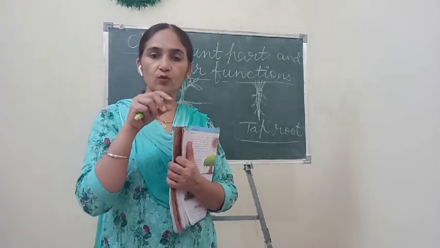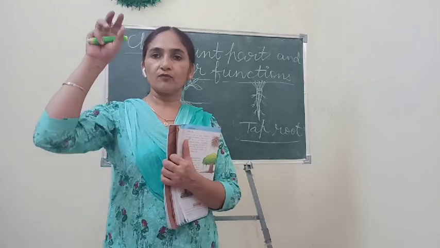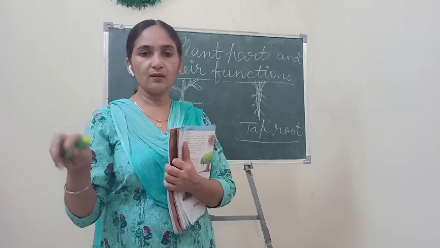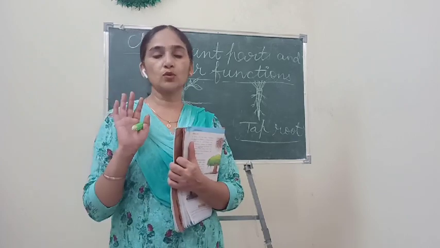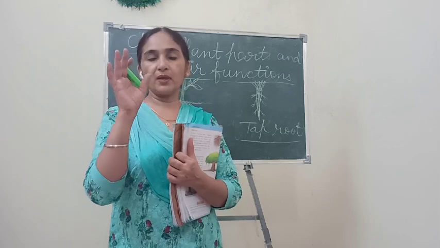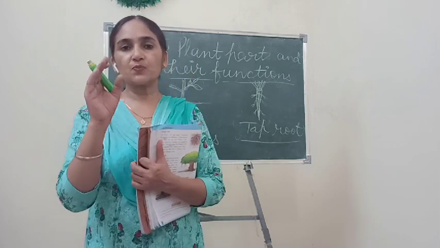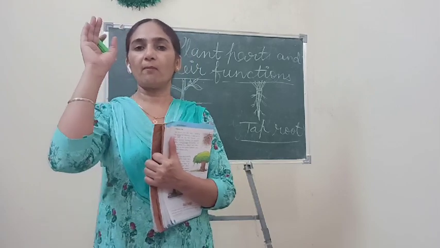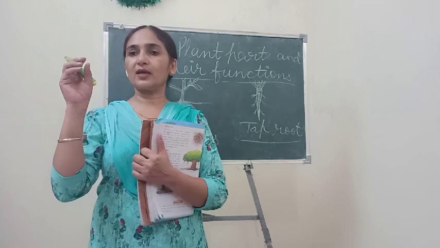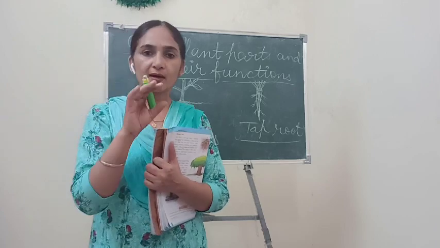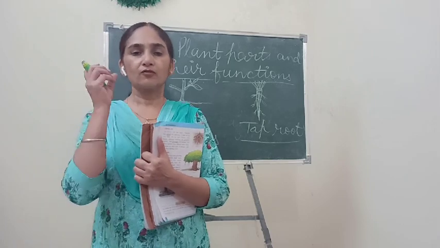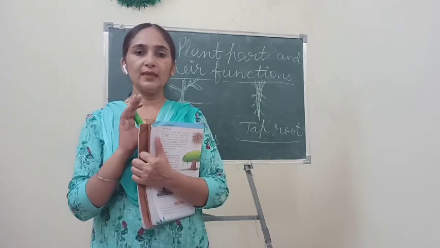From the leaves, food moves through the stem and goes to the roots also, and food can also be transported from the leaves to the other branches, or we can say fruits, flowers or buds. All the parts get food from the leaves.